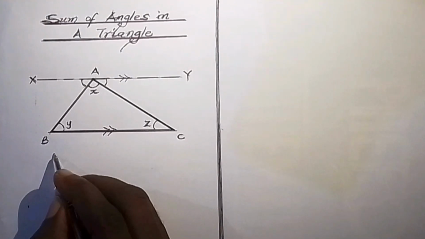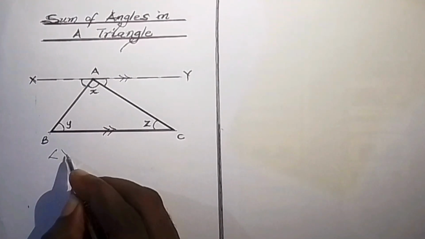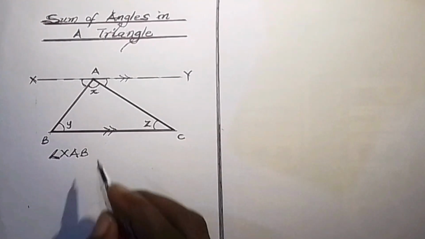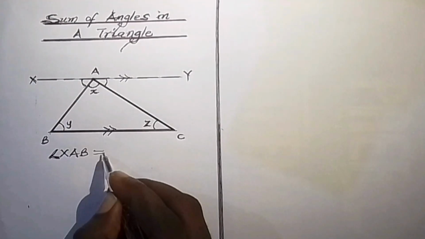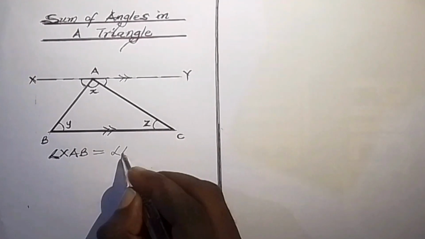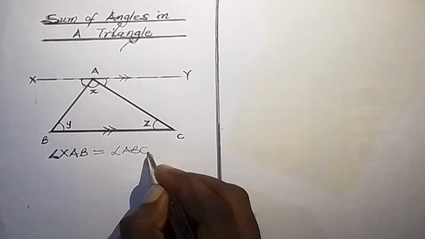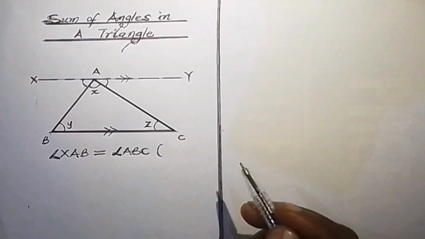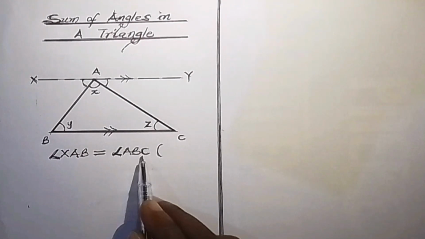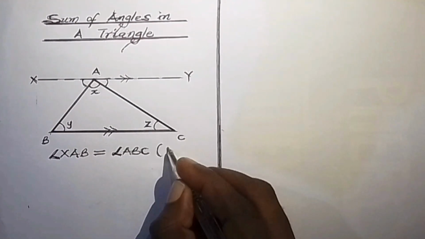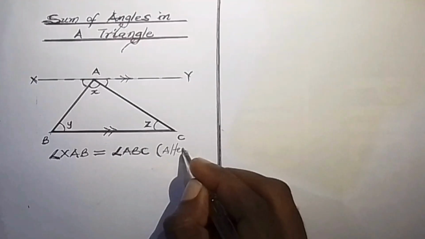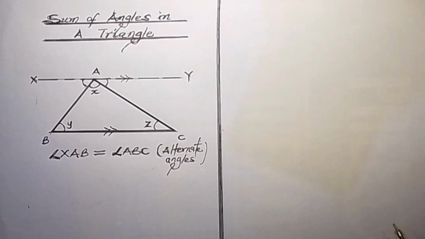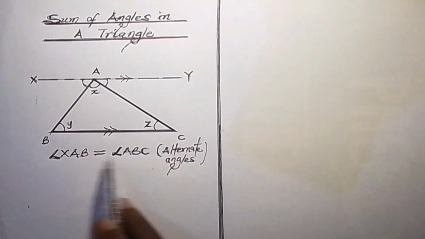So we say angle XAB is equal to angle ABC. Why do we say that? The reason is both angles are alternate angles, and alternate angles are equal.